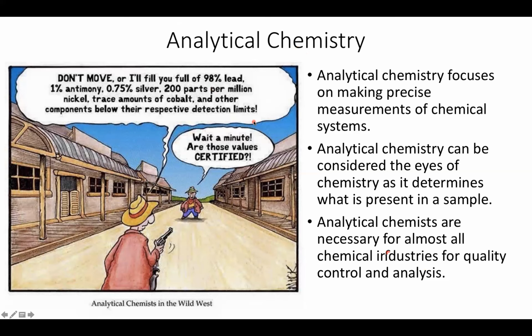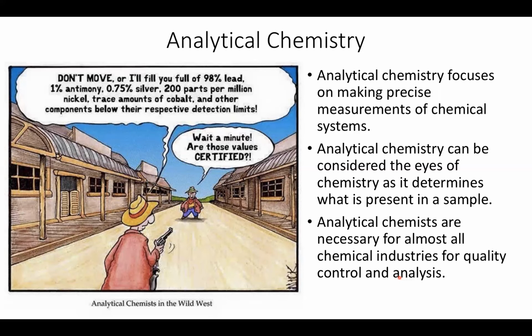But again, it isn't just going to be, say, working with industry for analyzing how pure a product is. It can also include things like medical testing, which is really relevant now in the age of COVID, as you often need a good analytical chemist to be able to exactly know what your tests are telling you. But it's also become very popular in things like water quality.